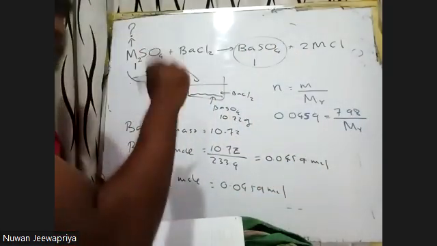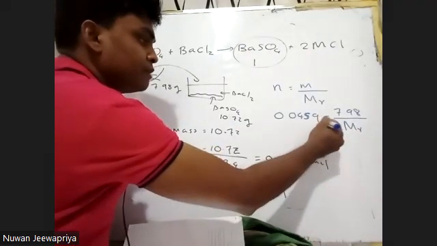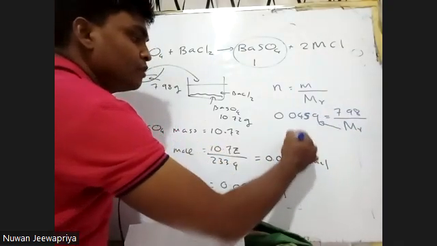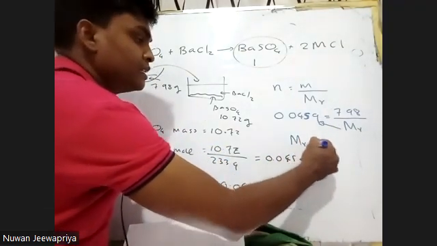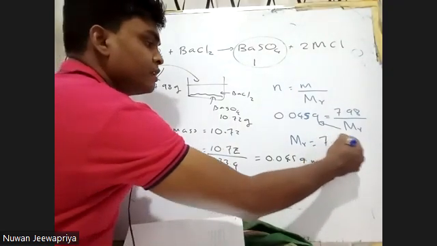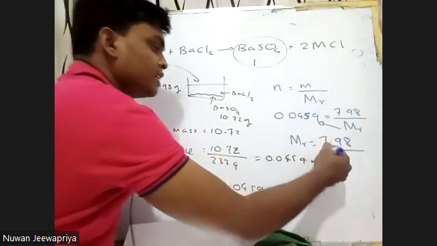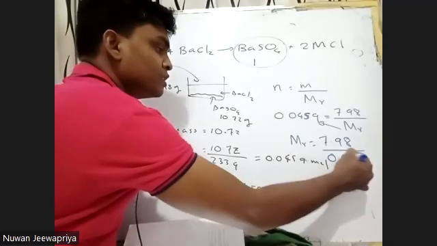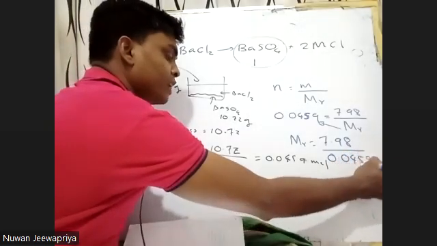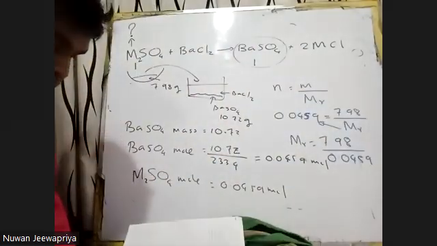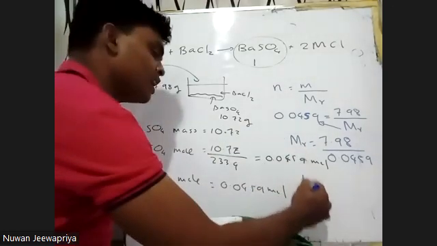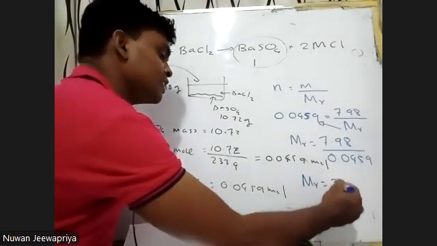So I make the molecular mass the subject and bring it to this side. The molecular mass equals 7.98 divided by 0.0459. So the answer is 38.8, or almost 39.